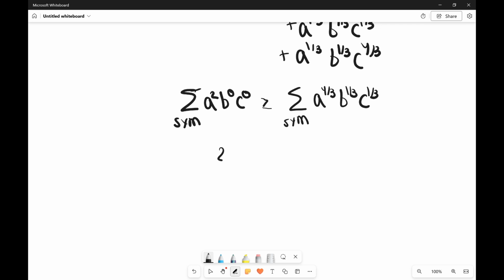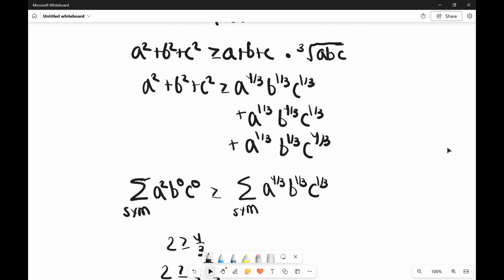And indeed, 2 is greater than or equal to 4/3, 2 is greater than or equal to 4/3 plus 1/3, and 2 is equal to 4/3 plus 1/3 plus 1/3. So AM-GM will fit the bill.